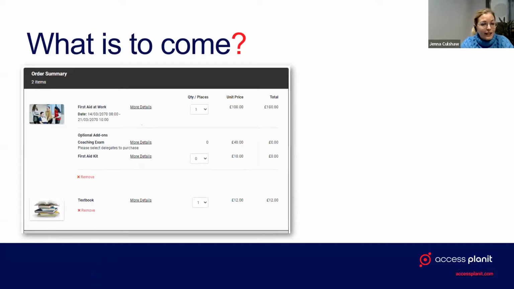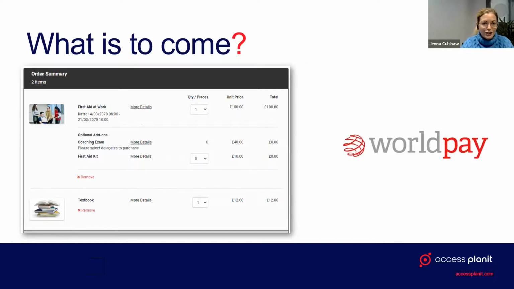But it also includes selling your products and services alongside your courses. So whether they are optional add-ons like the coaching exam and the first aid kit there, or a mandatory product and service like a booking fee, these will be displayed alongside their related courses for your customers to manage and purchase. The second addition coming soon is support for the payment gateway WorldPay.